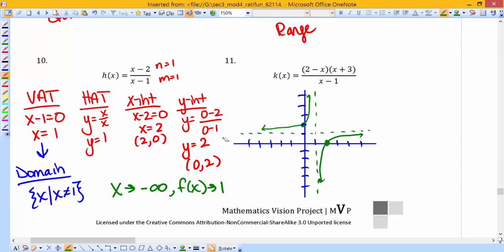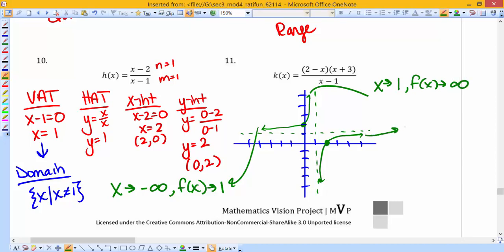It will never cross 1. This arrow, if you wanted to, so that's this one. This one is as x is approaching, what is the vertical asymptote? 1. F of x is approaching, well, the arrow goes up, so infinity.